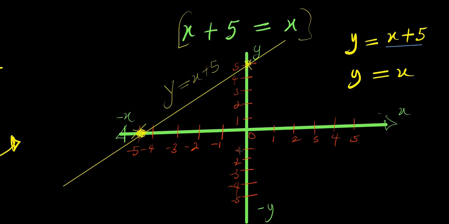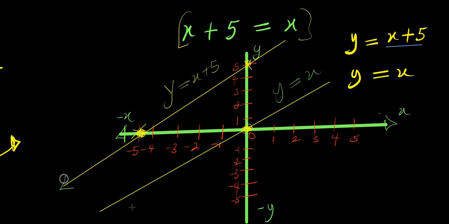Then y equals x simply means you need to cut across the initial point here. Have you seen it? Something like this. You need to cut across this initial point, which is 0. So this is y equals x. So we have y equals x plus 5 and y equals x.